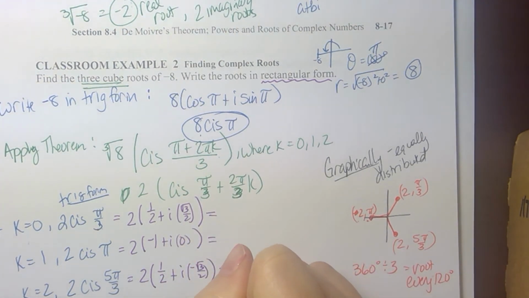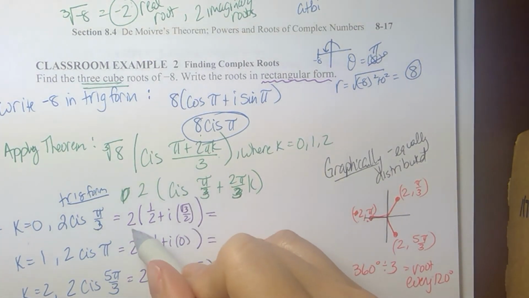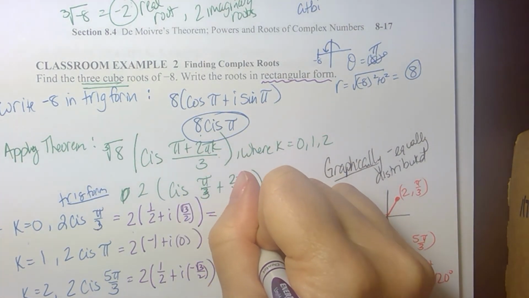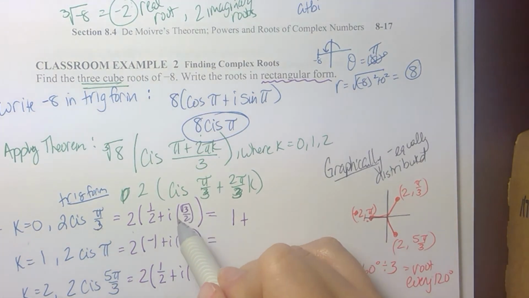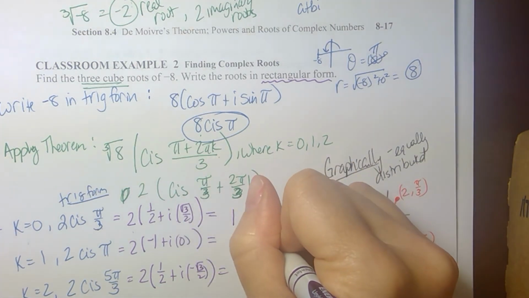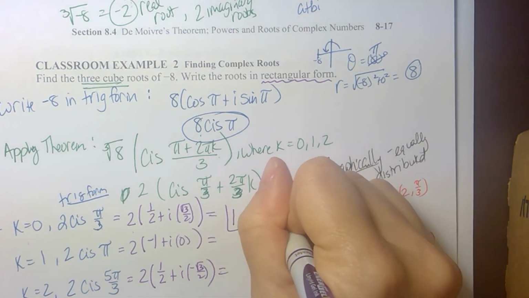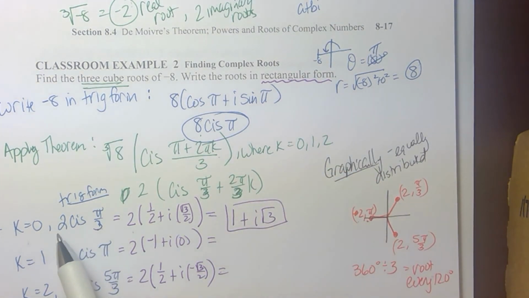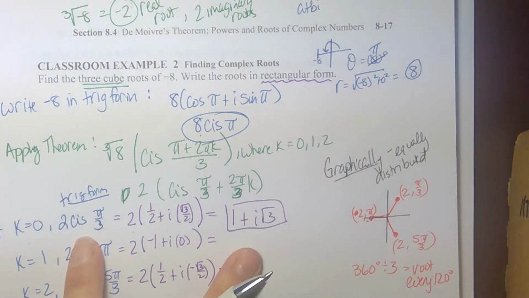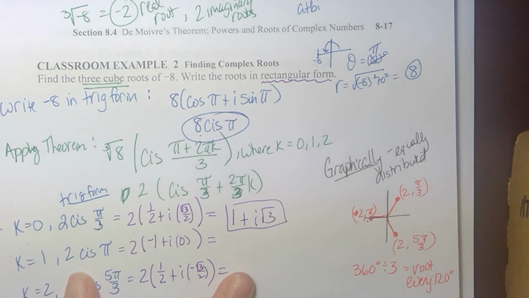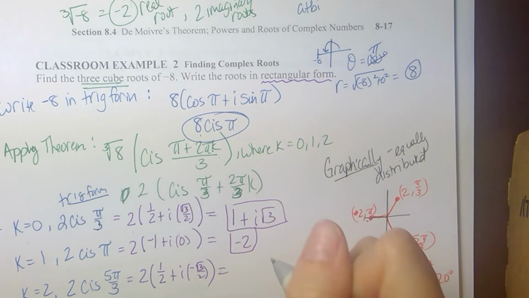So let's put those together and simplify them. 2 times 1/2 is 1. 2 times i square root 3 over 2 gives me i square root 3. That's the rectangular form of this first root. Trig form, rectangular form. What about the rectangular form for the second root? Well, that's my real one, -2.